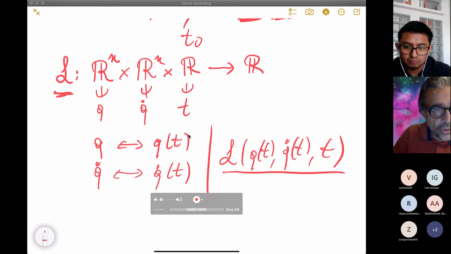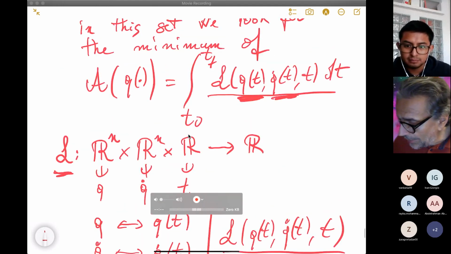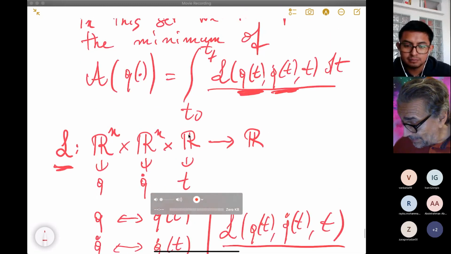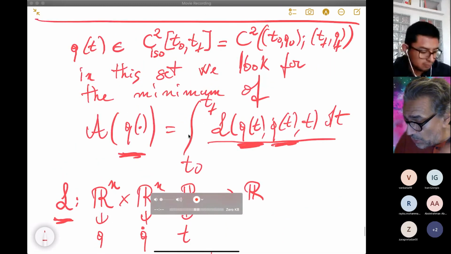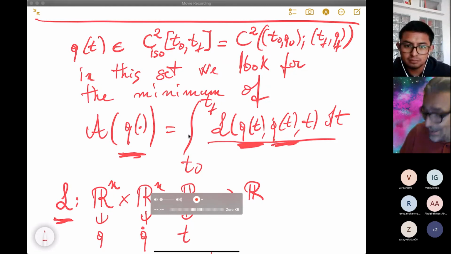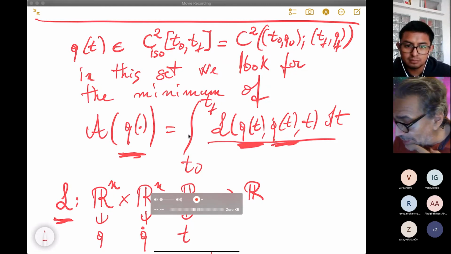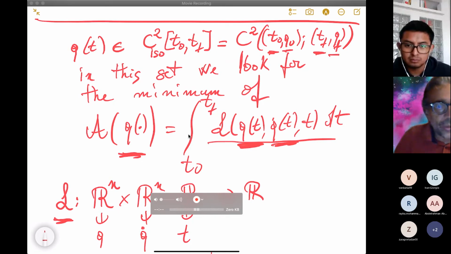It is the composed function of the Lagrangian with the motion and the velocity, which are both functions of time. You agree with that? And the set where you are looking for the minimum is the set of functions having at instant t0 the value q0 and at instant tf the value qf.